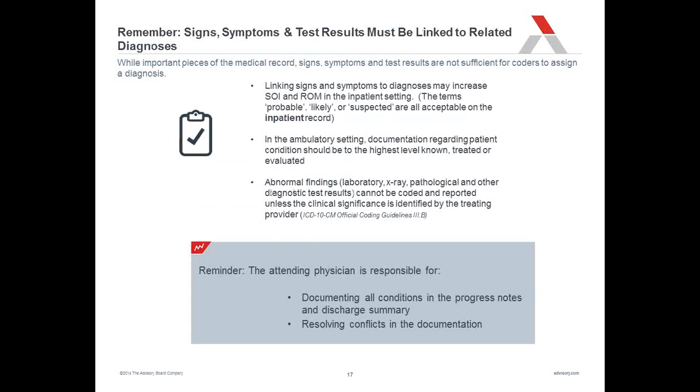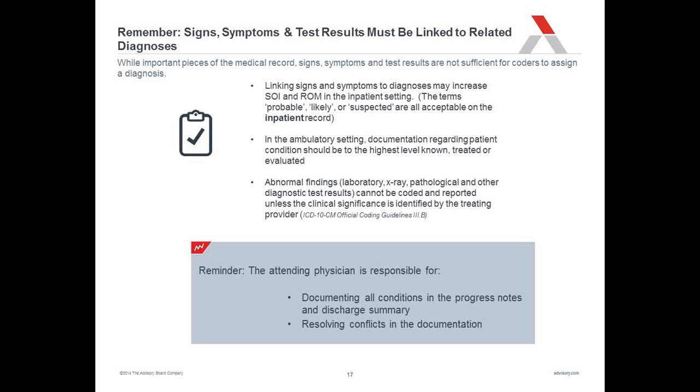Remember, documenting signs and symptoms and test results really should be linked to a related diagnosis if a diagnosis is known. Linking signs and symptoms to diagnoses will increase severity of illness and risk of mortality in the inpatient setting. Remember, in the inpatient setting, terms like probable, likely, or suspected are also acceptable on the inpatient record if you are monitoring and treating as if that condition existed.